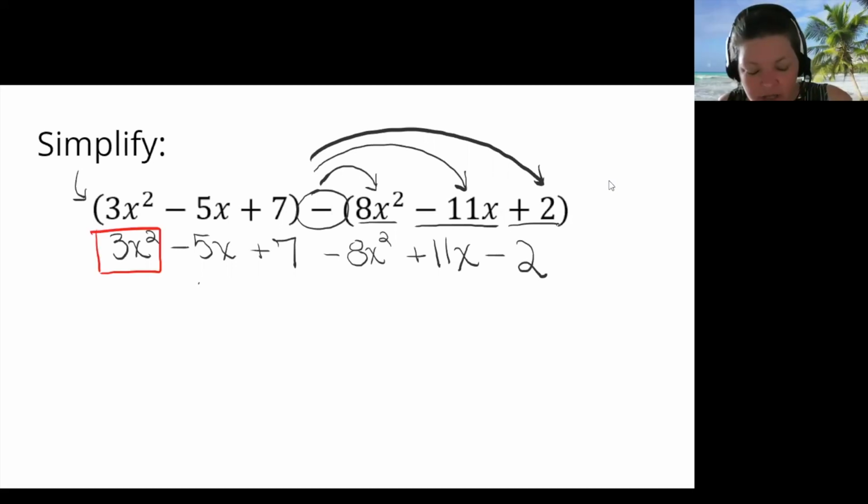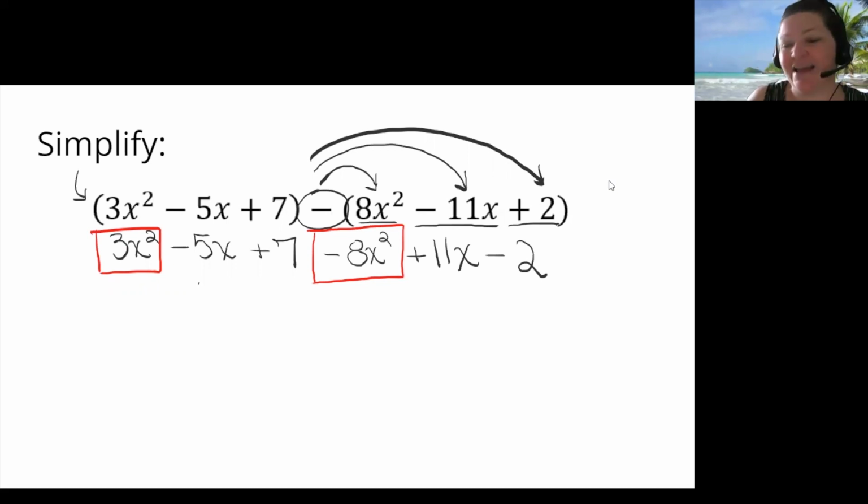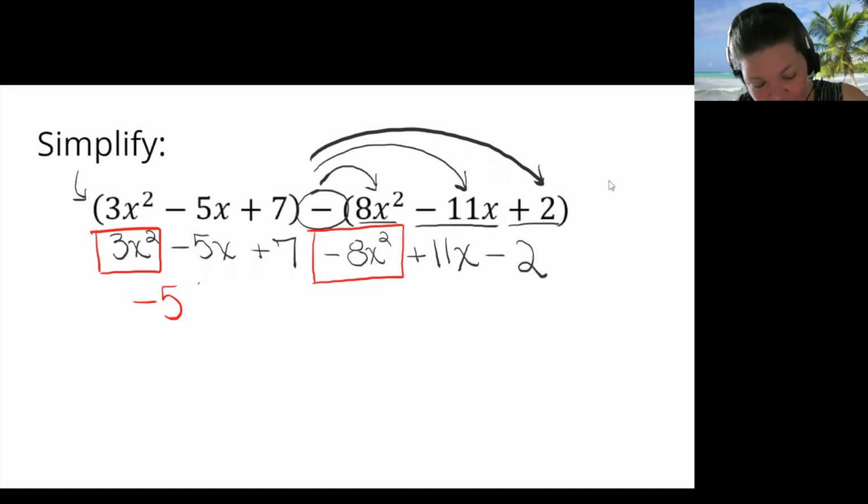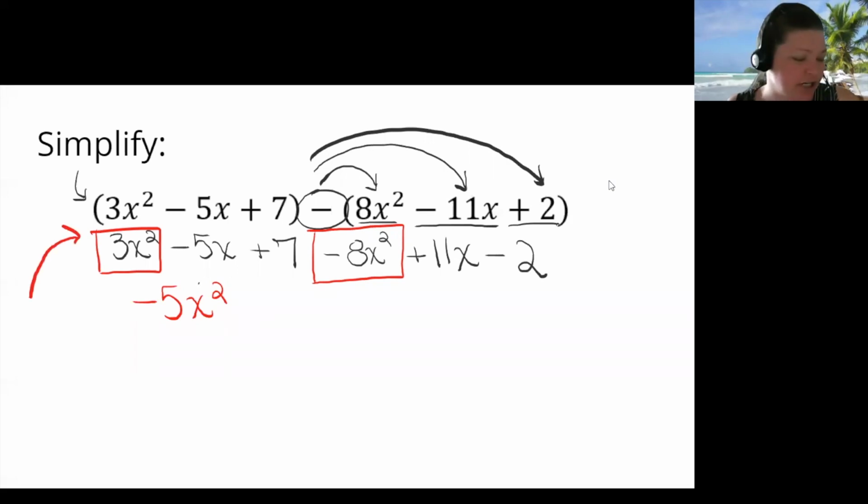Yes, Manal, you're right. 3x squared and negative 8x squared are like, and they would combine to -5. And -5 what? If you're adding and subtracting x squareds, it'll still be x squareds. Now, some of us aren't that great at negative numbers. If this was on your GED, you would have the calculator, and you can do this in your calculator just without the x's.